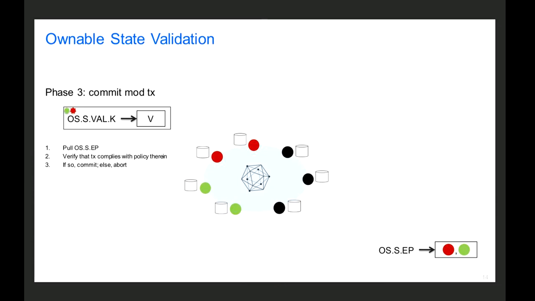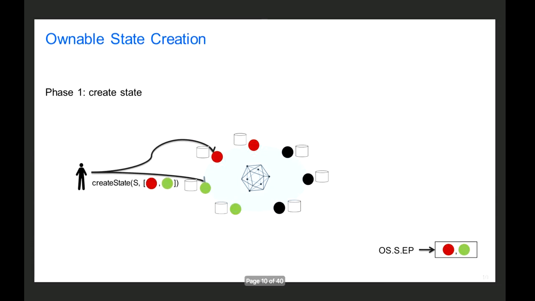But when I create the ownable state, I still need to get endorsement from the owners, from the future owners of the ownable state, correct? Right. Basically, yes. Creating an ownable state, you're writing into, in this case, os.s.ep. So VSCC would check, okay, there's no such key, so we're not infringing on any previously existing ownable state namespace.